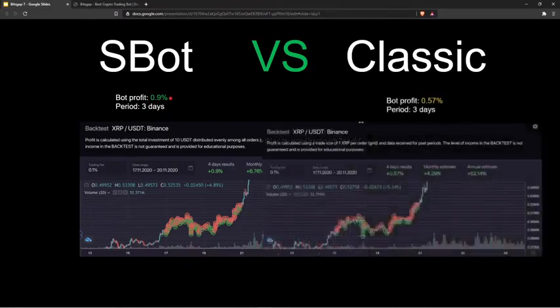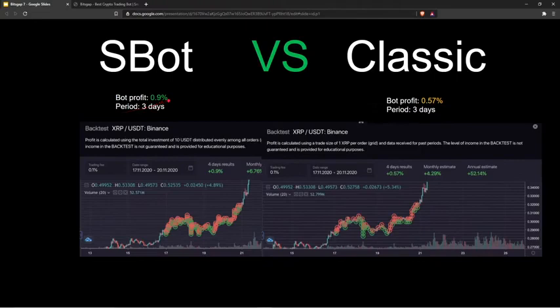Whereas the classic bot, for the same exact period, 17th of November, 3 days period, the profit here is almost by two less. So it's 0.57 compared with 0.9%.